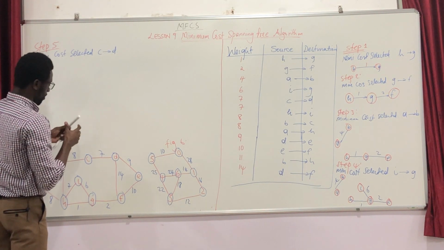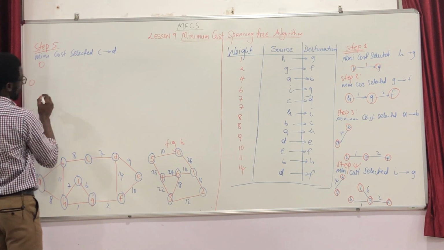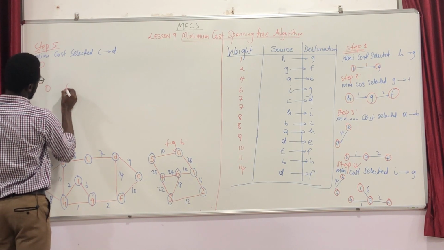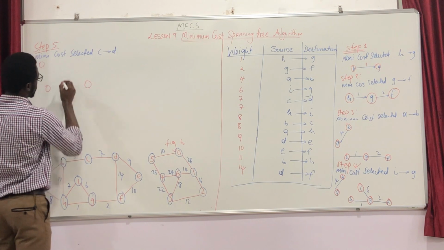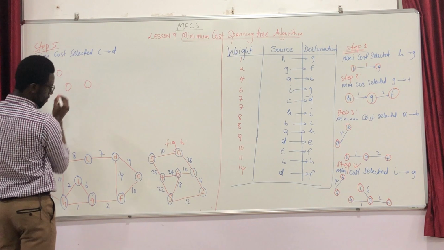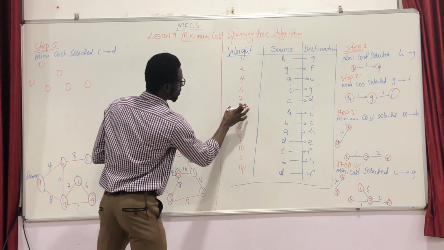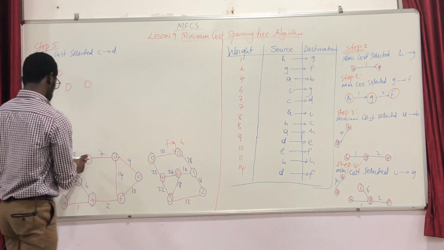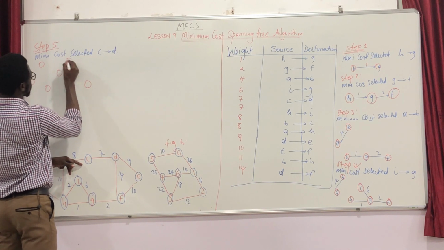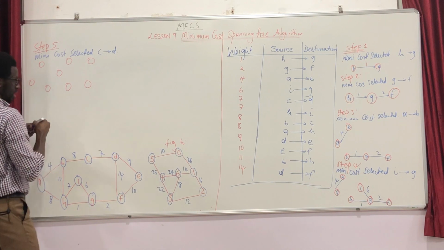Now we'll start from the previous, where we have here A to B. We have this one here. Then we'll have C, B, C to D, C to D here. So after this, here we have C to D. So now we'll join.